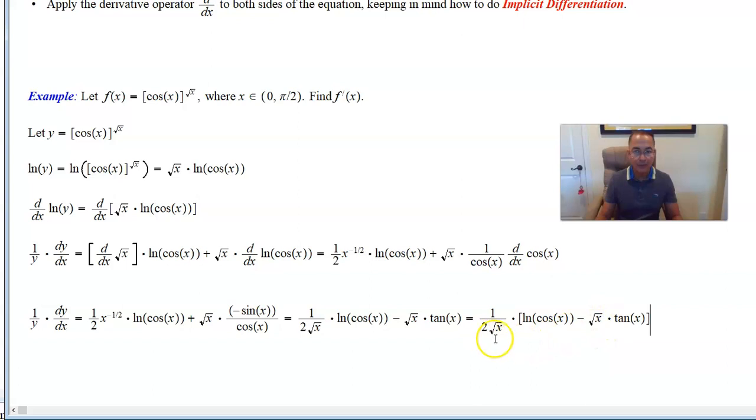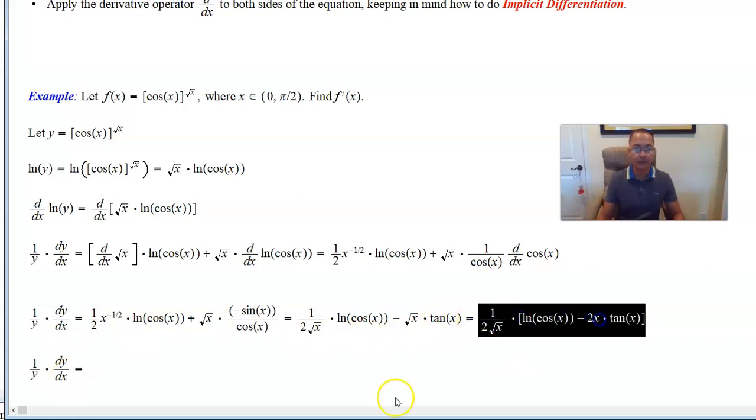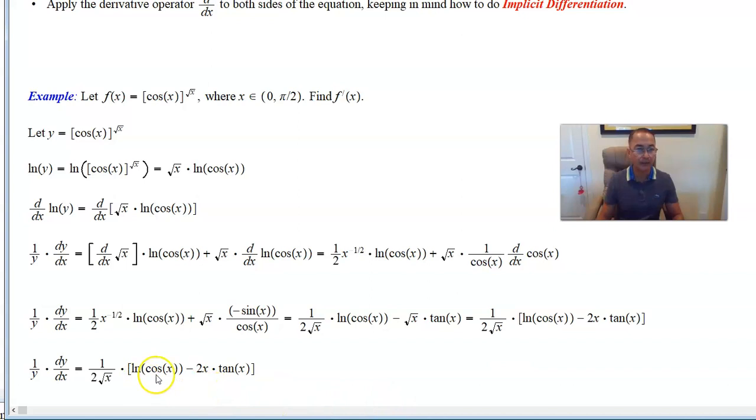We have to multiply by 2 square root of x, so we will get 2x times tangent x as our second term. So there we go. We have 1 over y dy by dx is 1 over 2 square root of x times the quantity ln of cosine x minus 2x times tangent x.